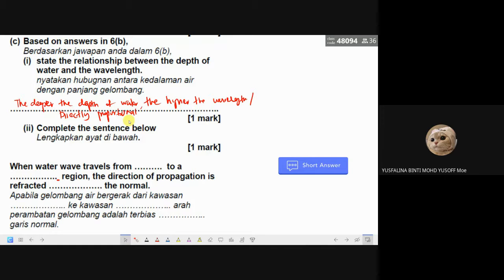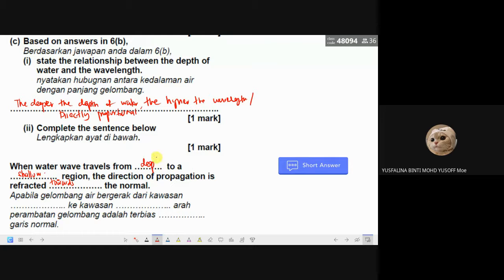Here you have to complete the sentence below. When water travels from, let's say, a deep to a shallow region, the direction of the propagation is refracted towards the normal. This is the answer for those who said the water travels from deep to shallow.